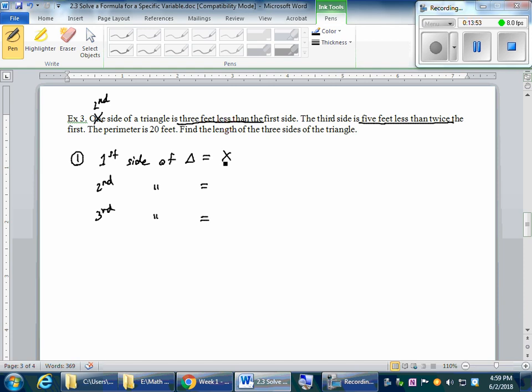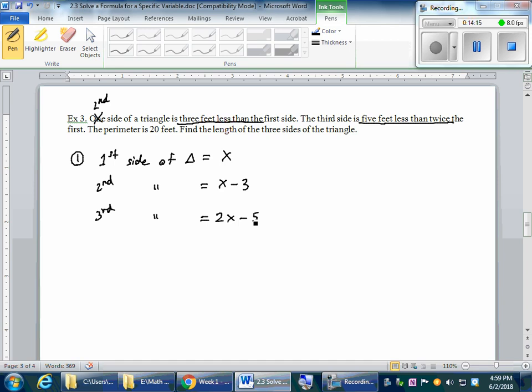Now, using this, I can translate it into algebraic expressions. The second side is 3 feet less than the first, so it must be x minus 3. And the third side is 5 feet less than twice the first, so twice the first side and then 5 feet less than that.